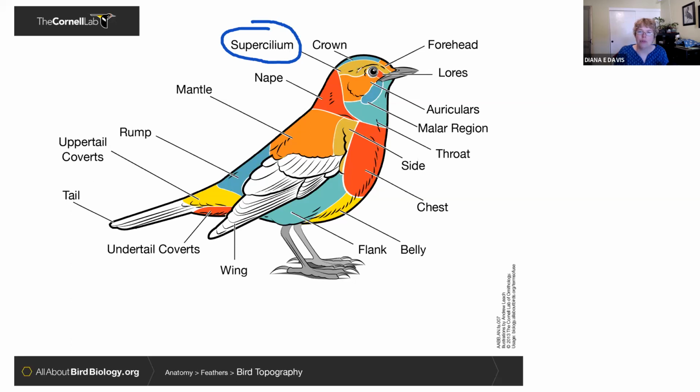So this whole section here is the supercilium. For our purposes, this is not a term that you're going to use a lot unless you become a bird watcher. And bird watchers, when they talk about a mark on a wild bird used to identify it, they'll use a term like supercilium. So here's a hint. I'm not going to ask you that on the quiz.